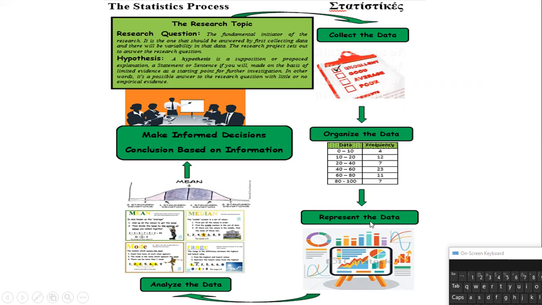Tables. Then you have to represent the data, because a picture is worth 1,000 words, literally. If you want to communicate a tree to a crowd that has all different languages, from Aborigines to Eskimos to Japanese to tribes of Africa, each of them speaking different languages, and you have a whole crowd of that, and you want to say the word tree, you know how much word translation you would have to do.